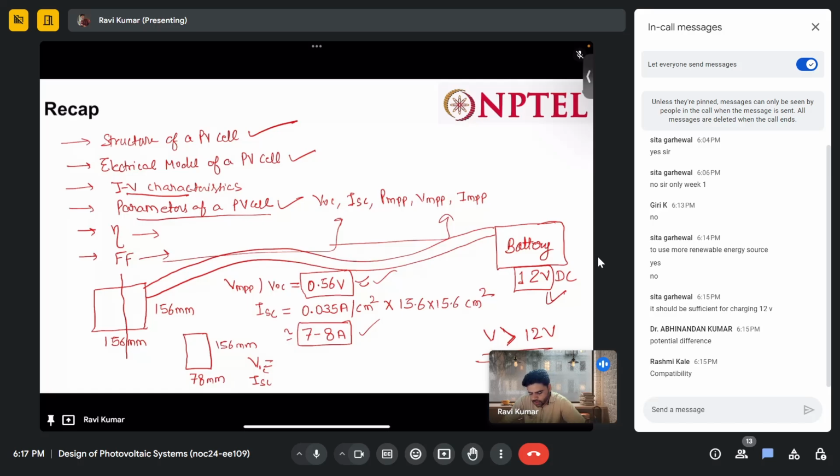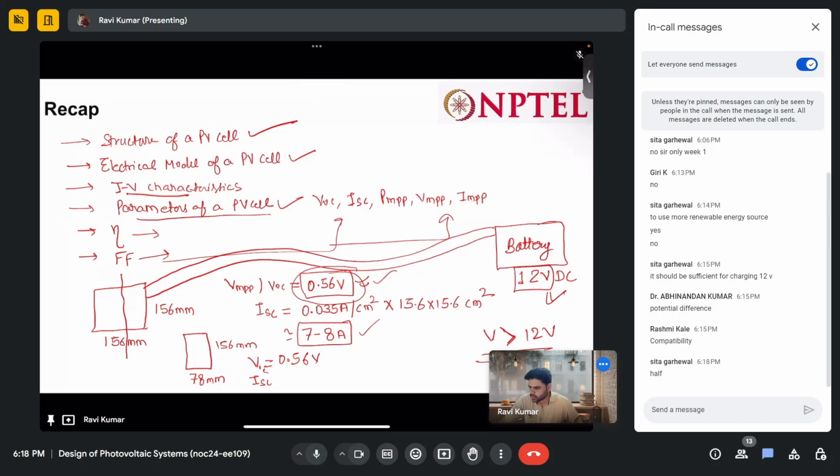See, VOC does not have any kind of formula regarding the area. So VOC will not depend on the area of the solar cell. It means VOC will remain constant. So here VOC will be 0.56 volt and ISC will be half.